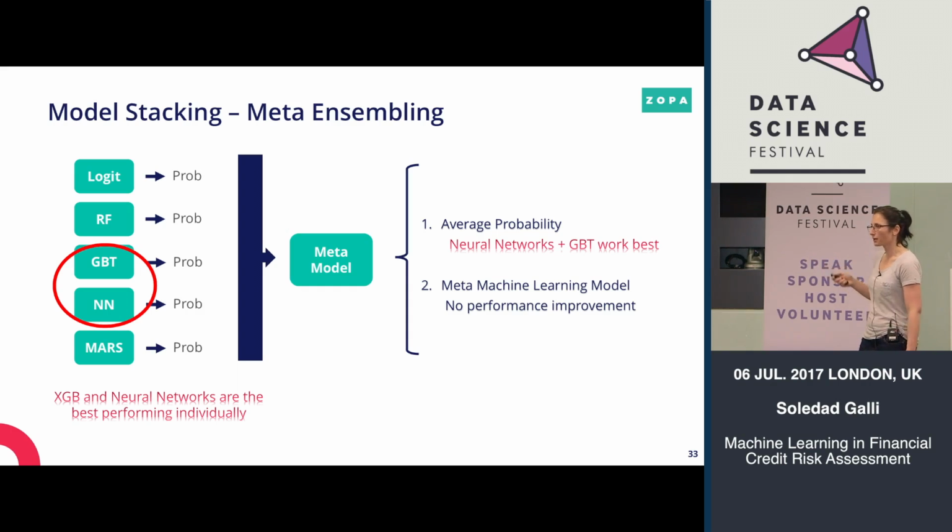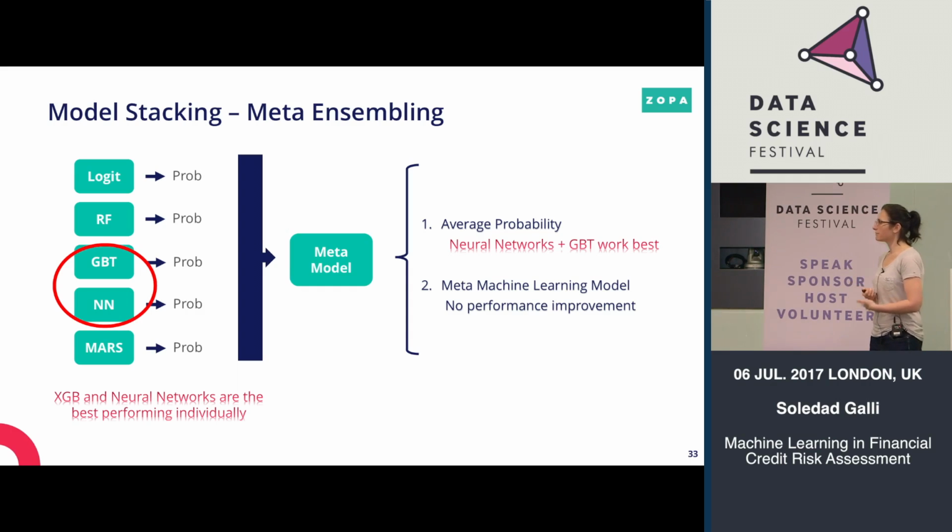And then when we do analysis, if we combine the probability of gradient boosted trees with neural networks, we actually manage to improve the accuracy of the model. So the model that averages the two probabilities outperforms each one of the two individual models. So this is what we actually chose to use for our next credit risk scorecard. We also built a variety of learning algorithms on top of the 5 models that we have on the left, but we have seen that it doesn't really improve our performance quite dramatically.